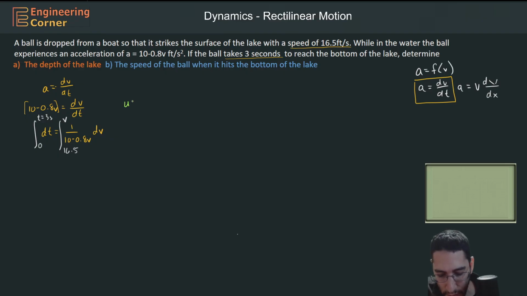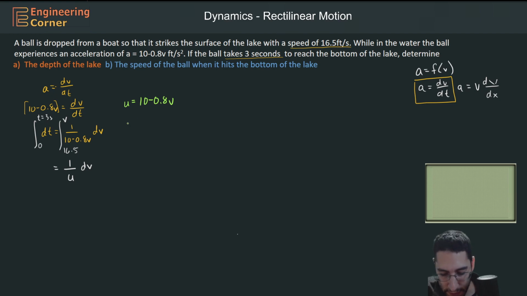So I'll say that u is going to be equal to, no, I'm going to say u is going to be equal to 10 minus 0.8v. So when I substitute, this right here is going to be 1 over u, which is an integral we know. And then this is dv. Now, we need to relate this dv to du.